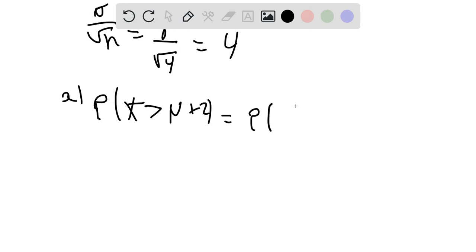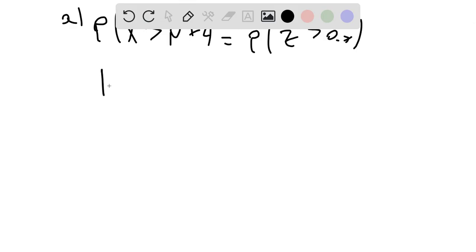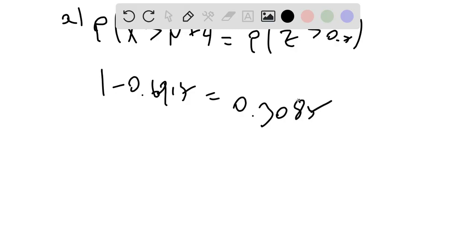So we have the probability that Z is greater than 0.5, which is equal to 1 minus the probability that Z is less than or equal to 0.5, which is equal to 1 minus 0.6915, which is equal to 0.3085. So therefore, the probability that the sample mean exceeds the population mean by more than 2 hours is 0.3085.